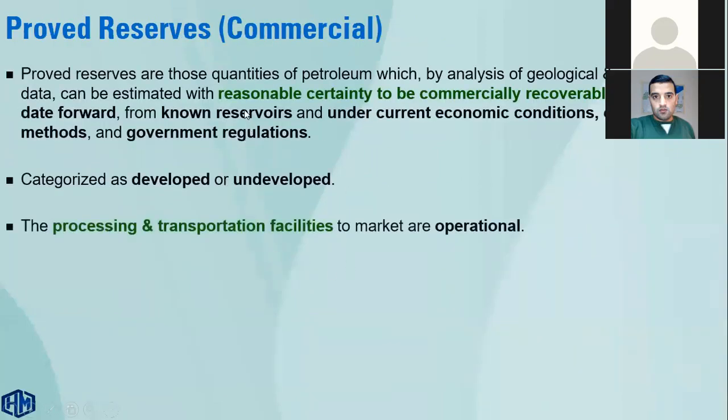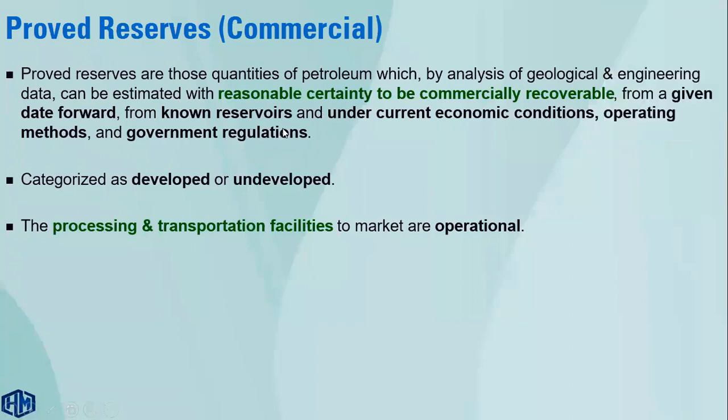The first category for reserve is the proved reserve. Proved, as per the definition of PRMS just mentioned, can be recovered under existing economic and operating conditions and under governmental regulations.